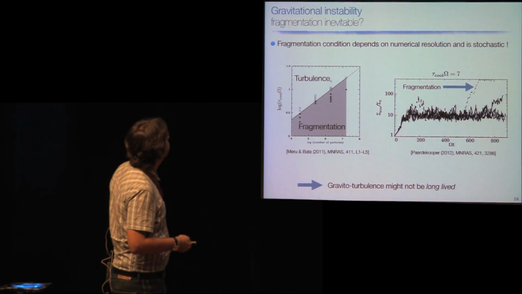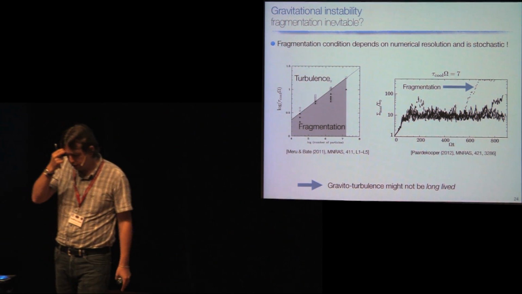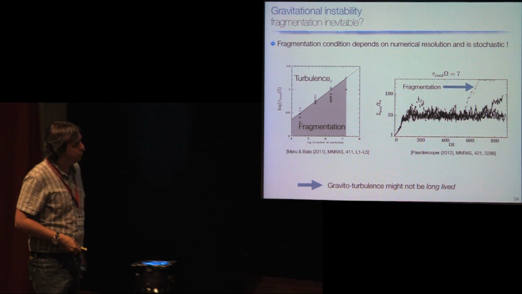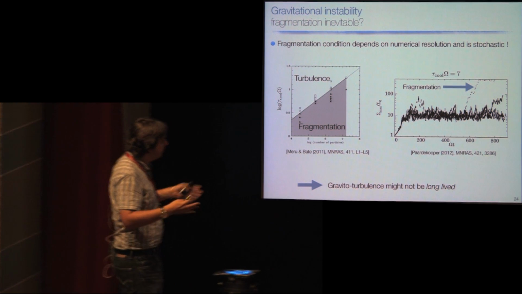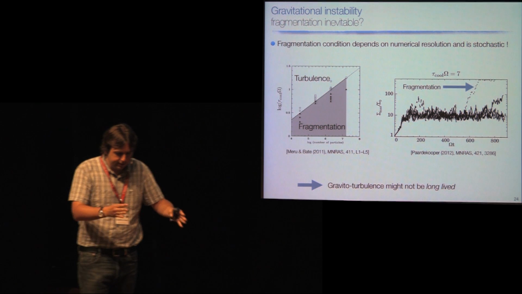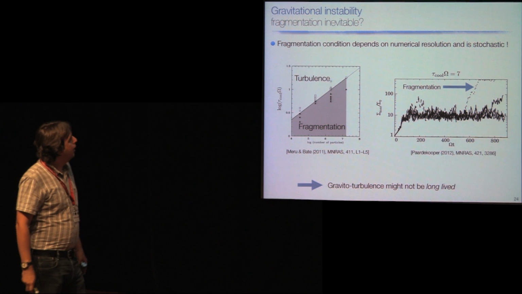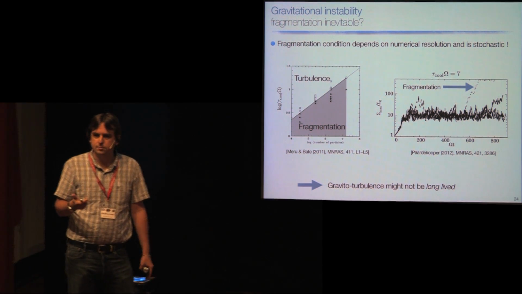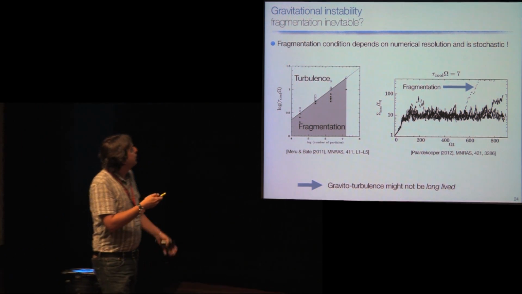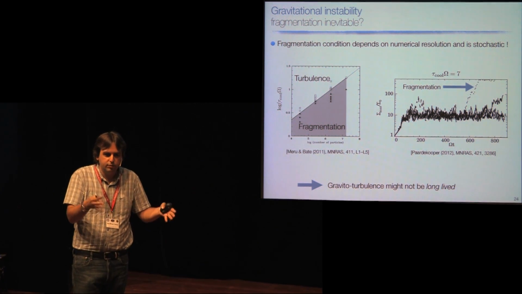The second surprising result is this stochastic fragmentation shown by Paardekooper recently. The idea is the following. If you pick a disk with a given cooling timescale and a given surface density, and then you take, say, 10 disks, exactly the same, same surface density, same cooling time, then for some of them you will get fragmentation, but for some others you won't. The reason is that sometimes you will get fluctuations in density and temperature which are strong enough to trigger fragmentation.